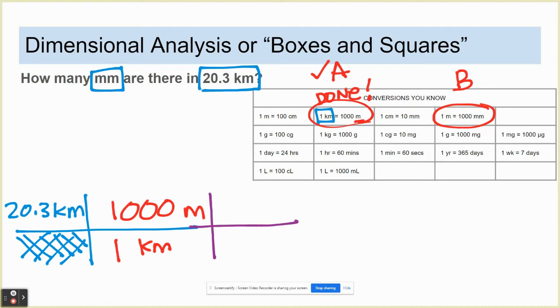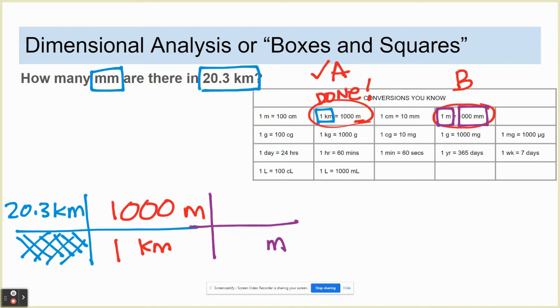So I got 1 m and I got 1000 millimeters. So which one goes on top and which one goes in the bottom? Again, boxes diagonally across must have the same unit. So M must be at the bottom now because we see M at the top. Therefore, M must appear next at the bottom.